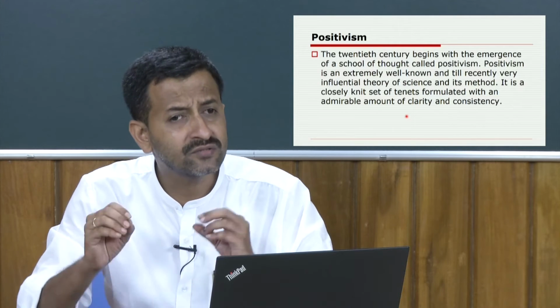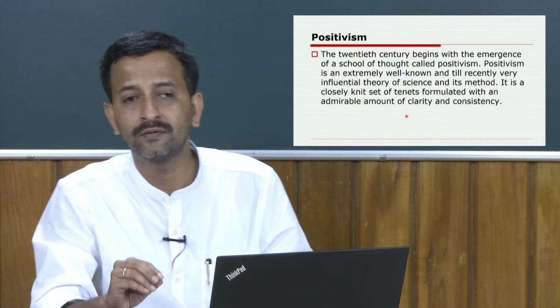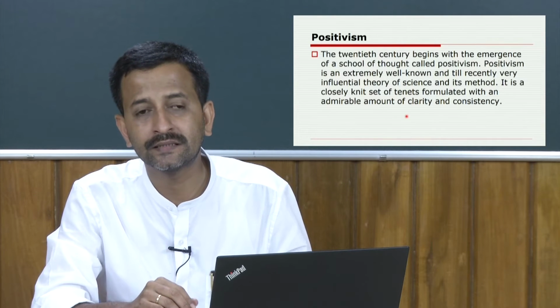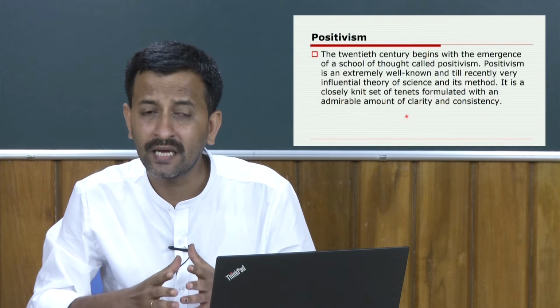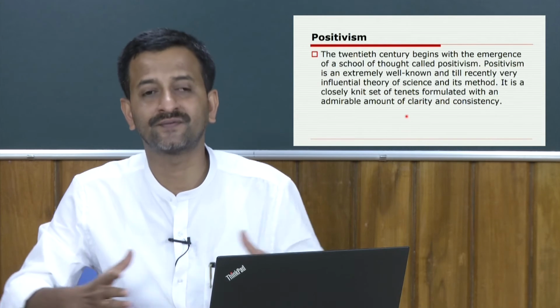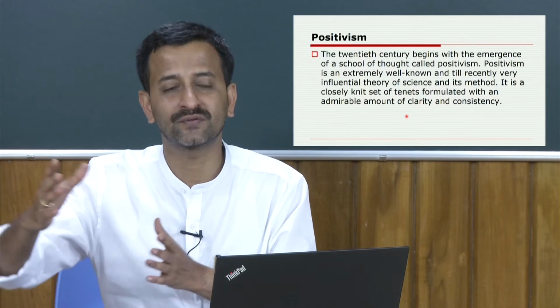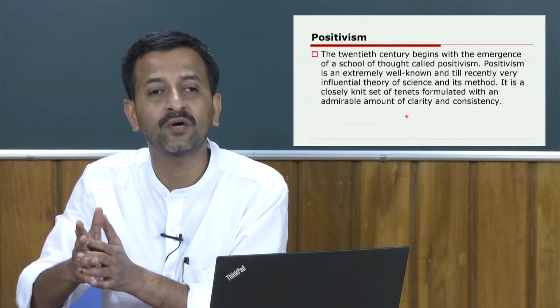In this context, we are going to discuss positivism as a method. We have only discussed positivism as a stage of society, as a stage in the development of society, from the theological stage to the metaphysical stage to the positivistic or scientific stage.